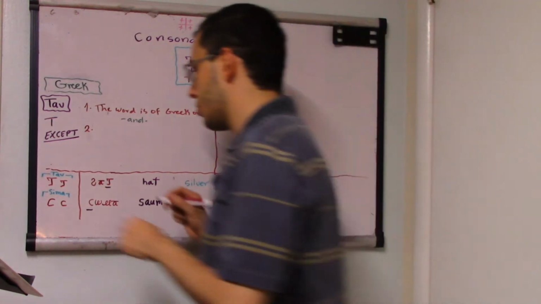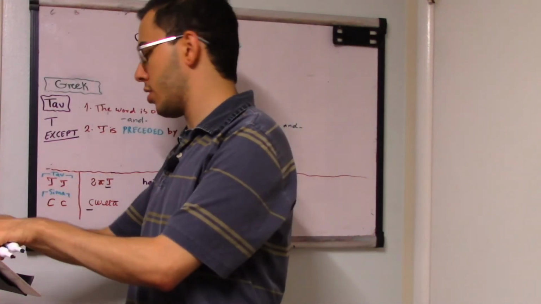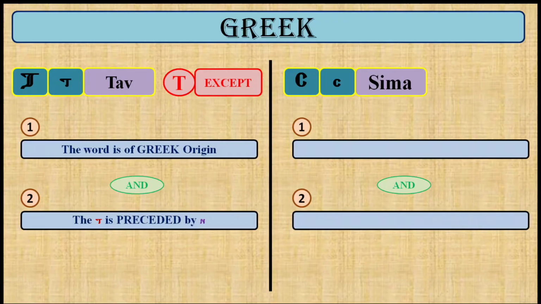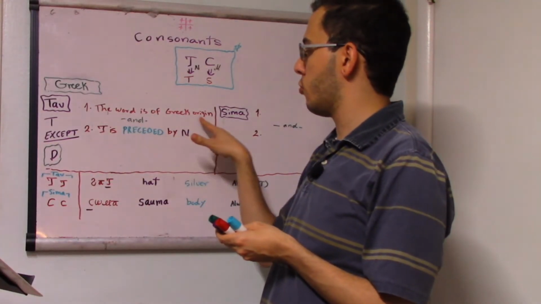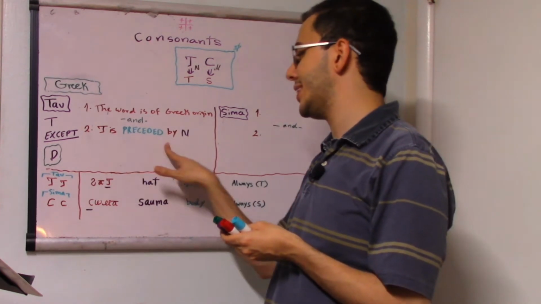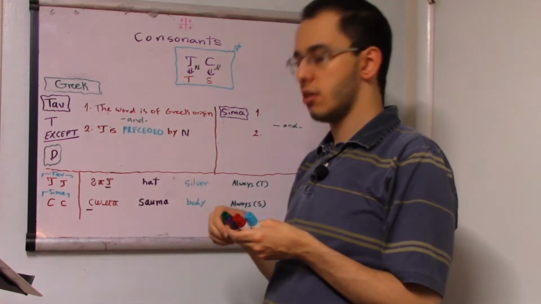Condition number two, the Tav is, keyword coming your way, preceded by the letter I associated the Tav with, which is Ni. So when those two conditions are met, the Tav will no longer be T, but instead it will be a D sound. So in Greek, Tav is T except if the word is of Greek origin and T is preceded by Ni, i.e. the letter before the Tav is Ni, then it gets a D sound.